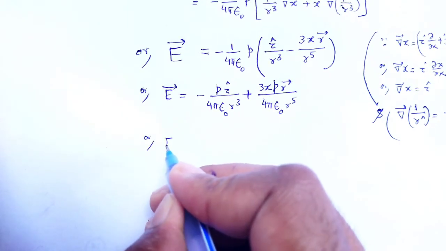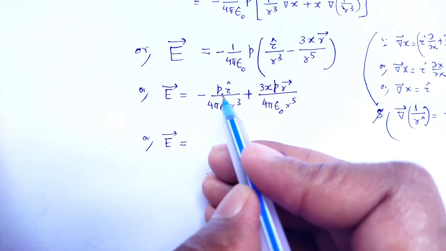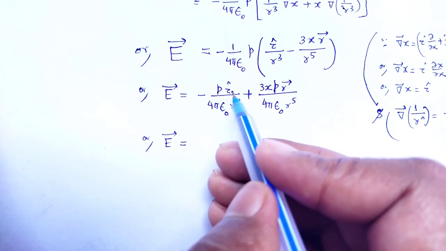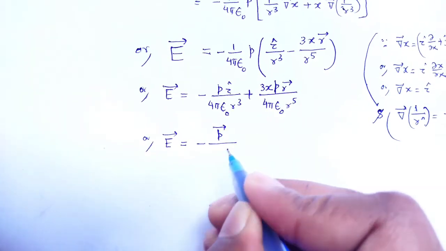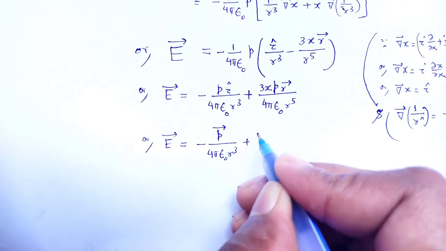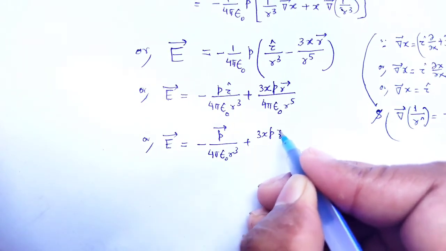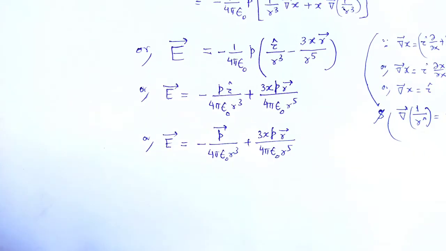Or E vector is equal to minus p vector divided by 4 pi epsilon naught r cubed plus 3 x p r vector divided by 4 pi epsilon naught r to the power 5.